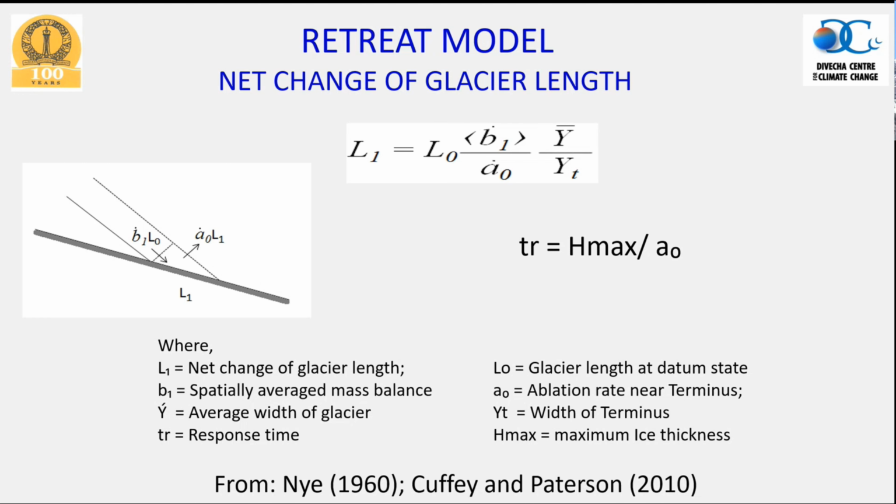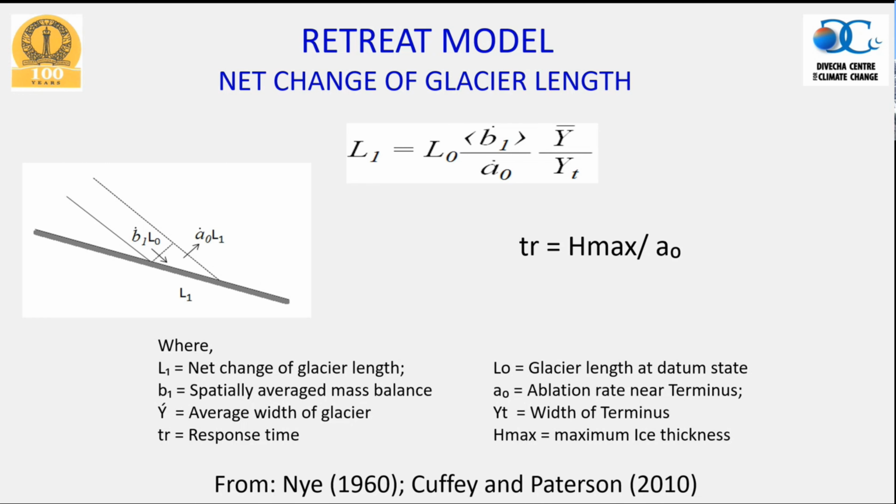So, for example, if a glacier has 1,000 meters as a mean or maximum thickness, and A0 is 1 meter, then whatever mass balance is going to take place now will be reflected in retreat after 1,000 years. That is the concept of response time.